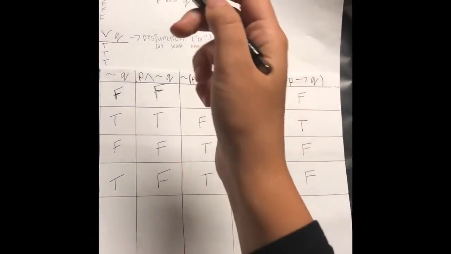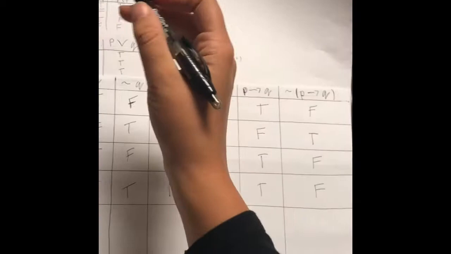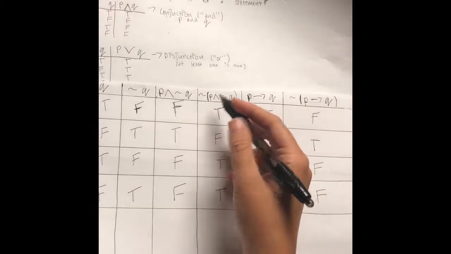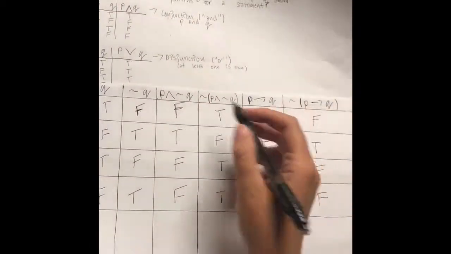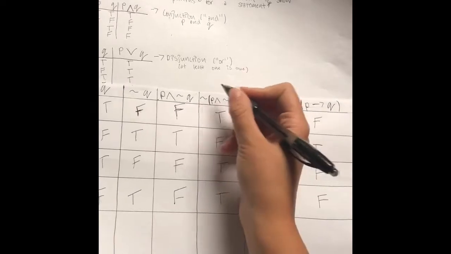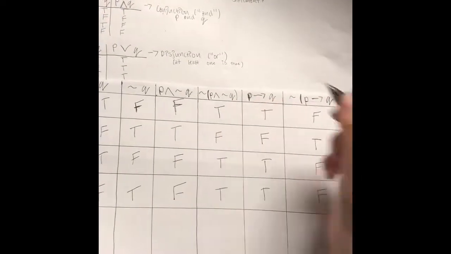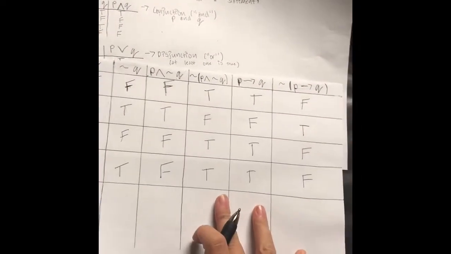Just as the statement up here states, this would be our negation of P and not Q right here. We look at this column and this column, and we want to see if those add up.